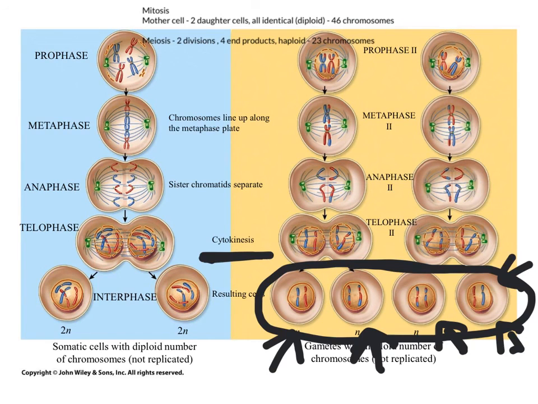That is the difference. This is because when we talk about sexual reproduction, when the egg and the sperm come together, they have divided by meiosis, and it's important that they have half the number of chromosomes, because then when they come together, they will form the correct number of chromosomes, being 46, okay?